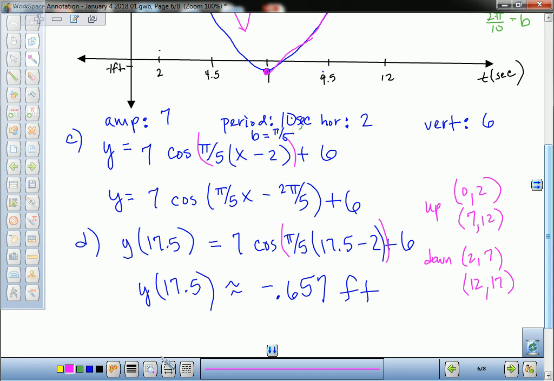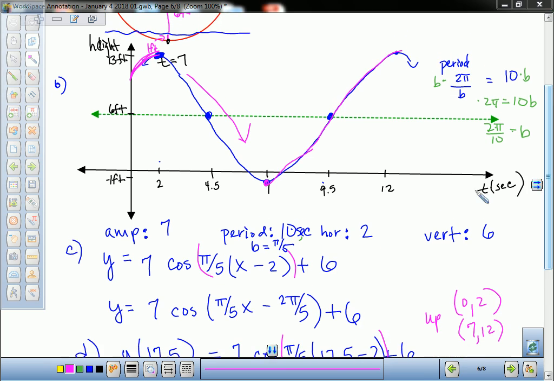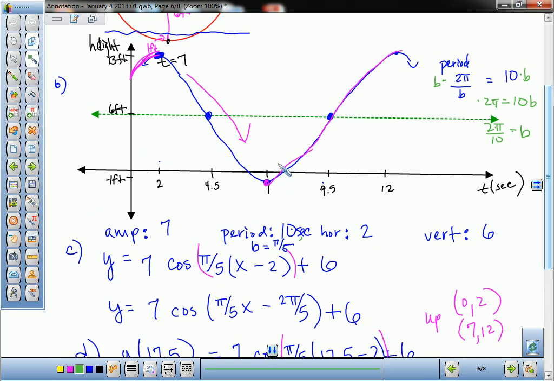All right, now the last part, part E. Part E asks us, at what positive time t was point P first emerging from the water? Let's take a look at our graph and make sure we understand.